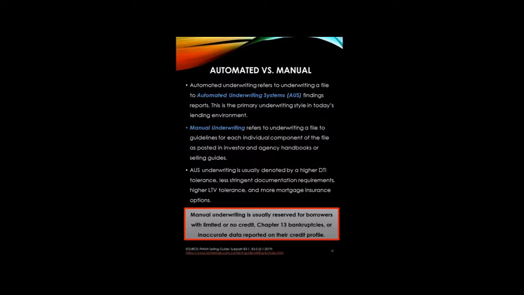Sometimes they don't like to do it at all, even on FHA. But in today's environment, I've come across more lenders that are willing to do manual underwrites for FHA loans, but again, still not for conventional. So check with your company, check with your lender, if they do it or if they don't, and go from there.